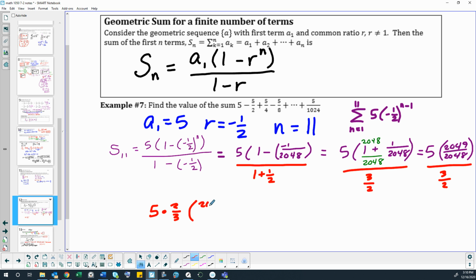And then we still have our fraction, 2049 over 2048, sorry, it's 9.